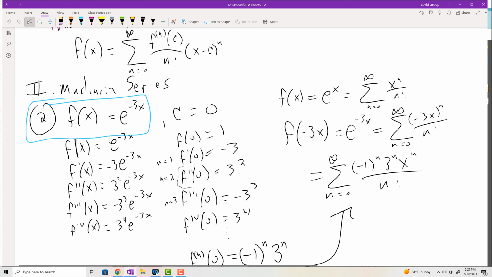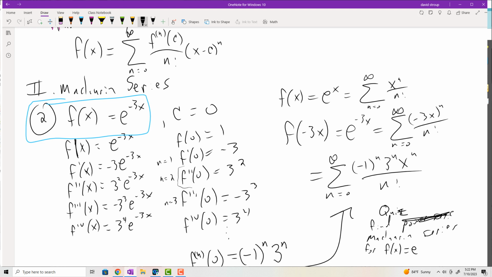Let's make that the quiz for today. So 9.10 quiz. Find the power series, or in our case, it's a Maclaurin series representation for the function f of x equals e to the negative x, I don't know, squared.